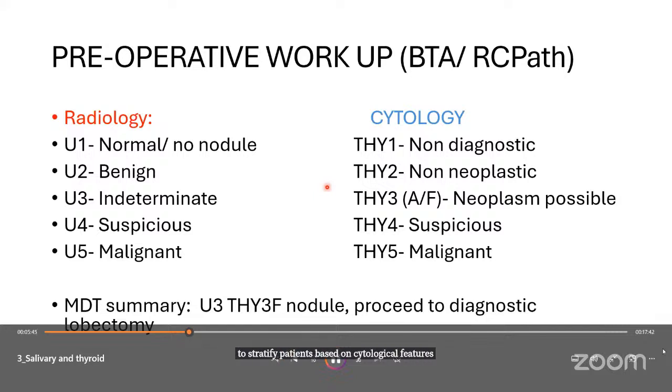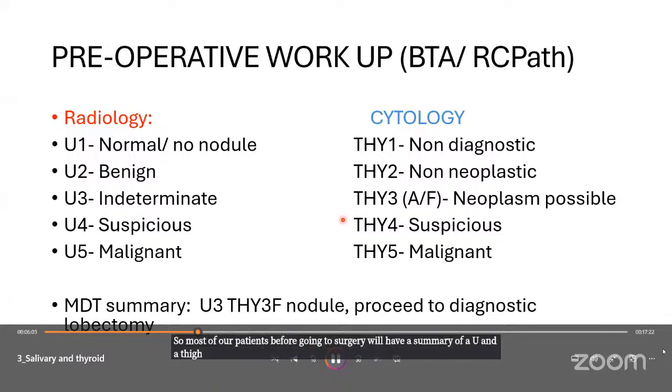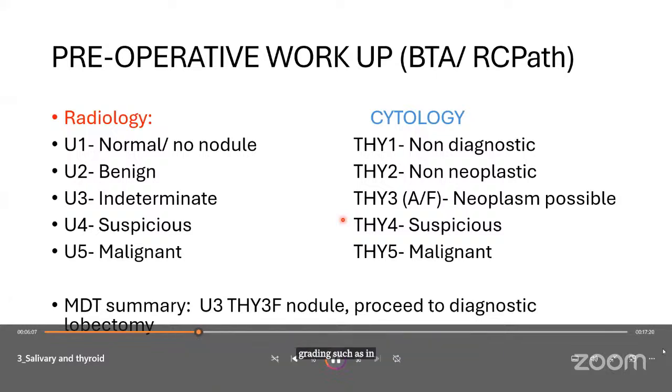So the Thy grading ranges from Thy 1, which is non-diagnostic, to Thy 3, which has 2 categories, A and F, where a neoplasm is possible, to Thy 5, which is a frankly malignant process. So most of our patients before going to surgery will have a summary of a U and a Thy grading, such as in this case U3 Thy 3F, which is an indication to proceed to a diagnostic lobectomy.